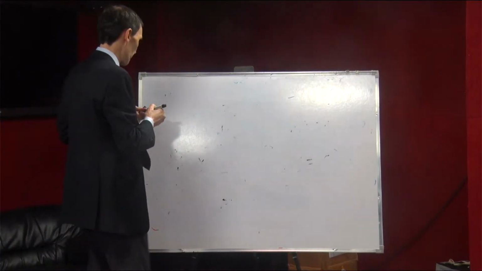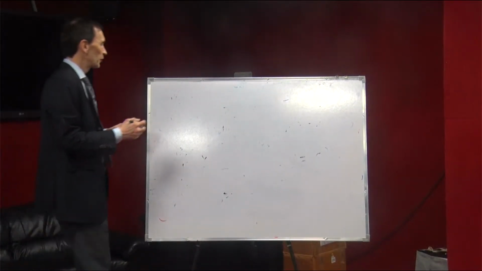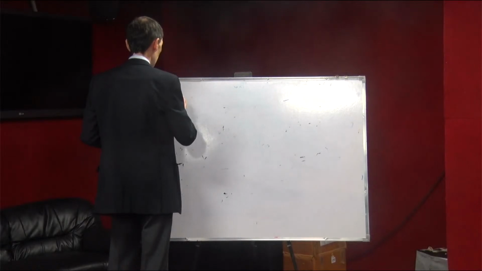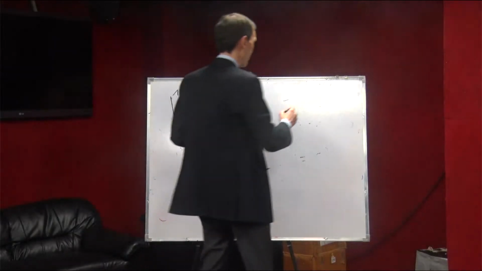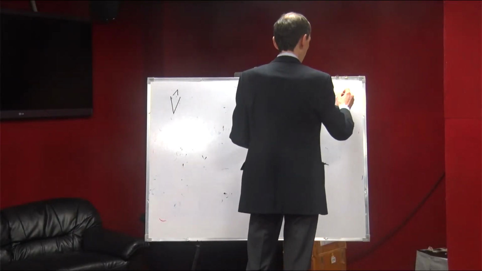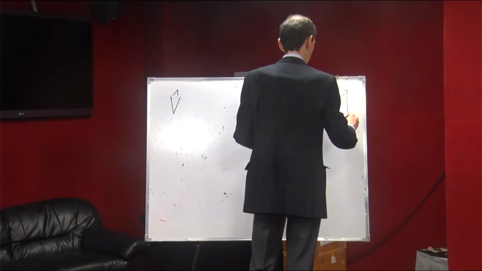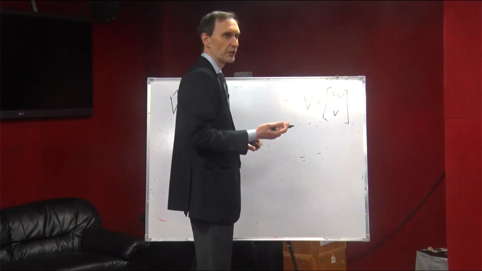How did we define the body fixed twist? Remember, we had the body fixed twist defined as something like this omega vector, and then the little v, the linear velocity, and this gives you a twist, right?